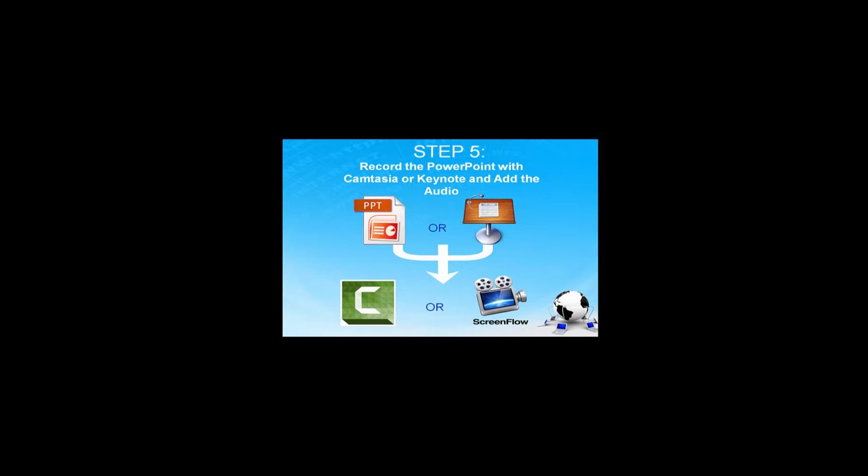You want to be listening to the audio while you're recording, and make sure that you've listened to the audio a few times first, and then make a Keynote or a PowerPoint that is in line with the audio and adds value to each point of the audio, and try to keep the mind map in line. So if you want the Keynote to have 10 slides, then make 10 arms on your mind map. If you want the Keynote to have 20 slides, then put 20 slides on the mind map.